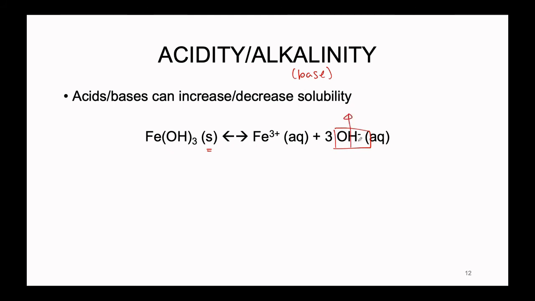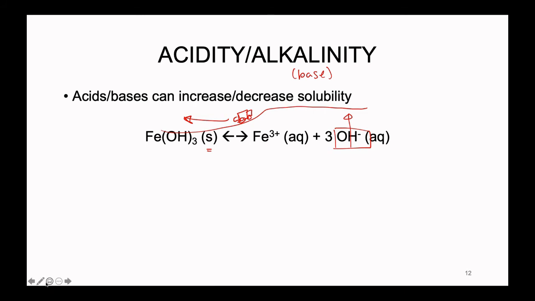So if we add some more hydroxide or add some more base into the solution, we can predict that if we're increasing this concentration, we are increasing that side of the track. Thereby, we would predict increasing the amount of solid that we would have in solution, right? The reaction would shift from product to reactant if we added more base into this reaction.